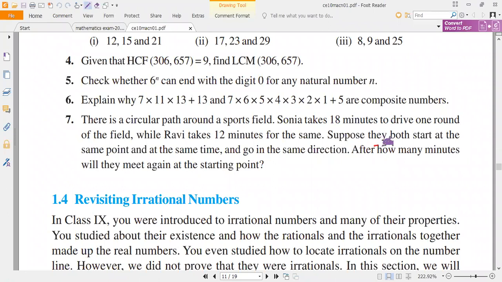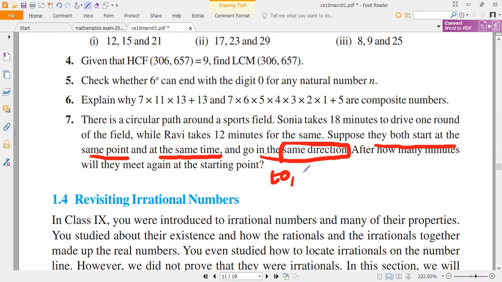Suppose they both start at the same point and at the same time and go in the same direction. Wherever we see same direction, together, least, first, next, these are the keywords for LCM. Wherever we see together, same direction and same point, these are the keywords for LCM.